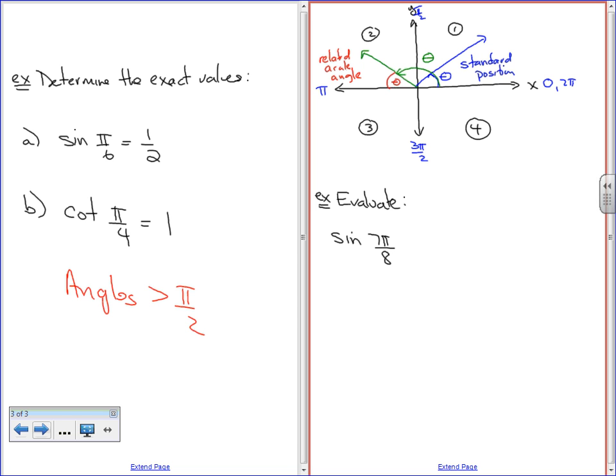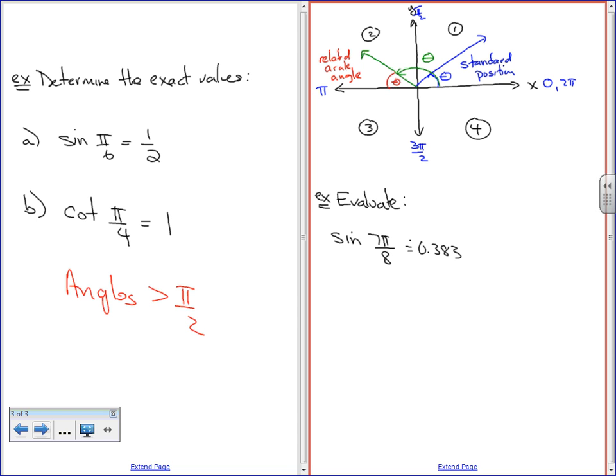What is the approximate value of the sine of 7 pi over 8? Tell me 3 decimal places. Anybody who's willing to do that for me? Rebecca? Perfect. So the sine of 7 pi over 8 is 0.383.